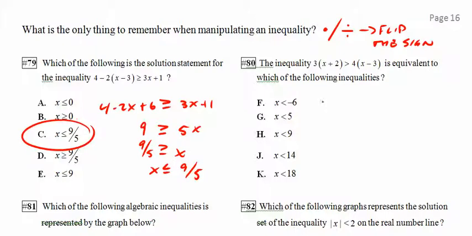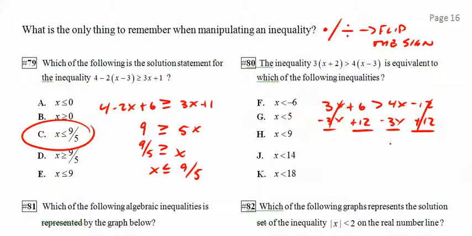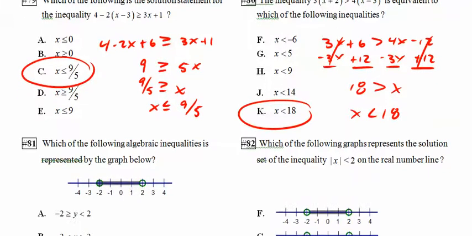Again, 3x plus 6, 4x minus 12, x is less than 18. Done. This causes all sorts of problems.